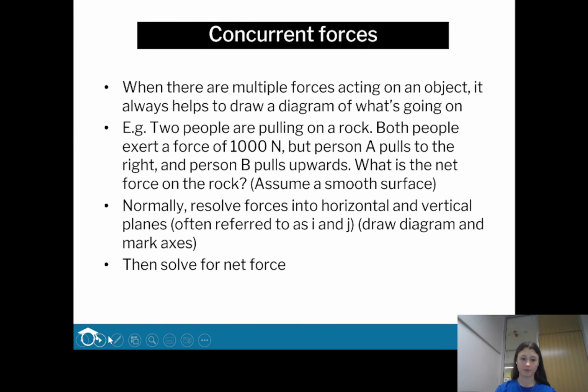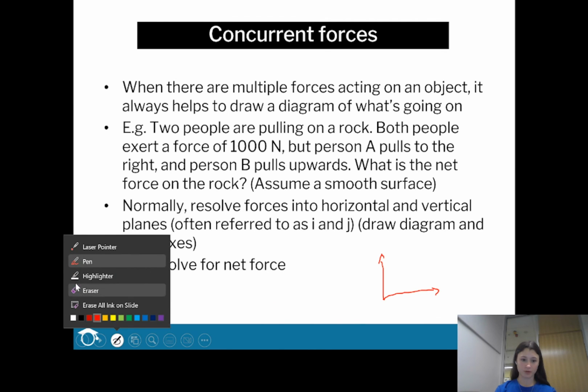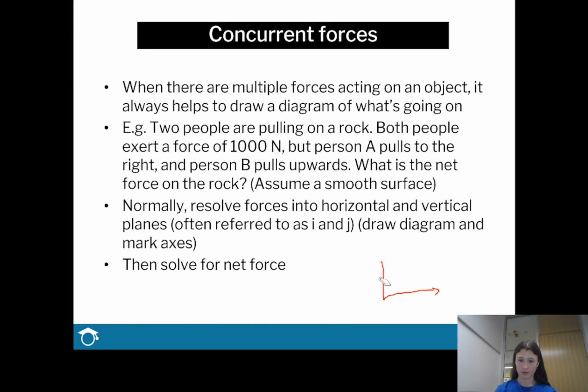So if we have one going to the right and one upwards, then the net force is going to be this one here. And then we usually just need to use some sort of trig to figure out that vector.